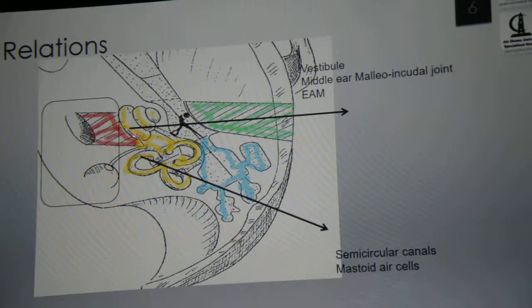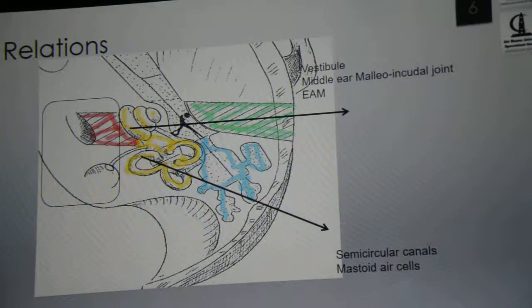Posteromedially, we have the semicircular canal, the mastoid air cells, and the cortex. So I have two straight lines which can lead into the internal auditory canal. The vestibule, the middle ear cavity, especially the malioincaudal joint, and the external auditory meatus. This is one line. Another line, cortex, mastoid air cells, semicircular canals, to reach into the internal auditory canal.